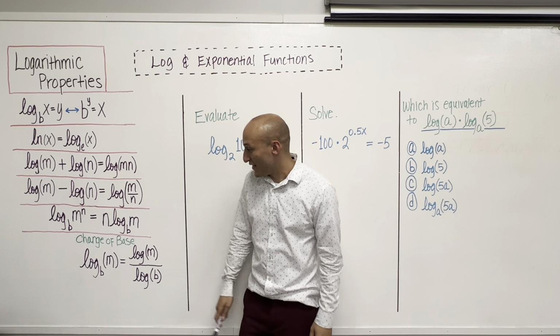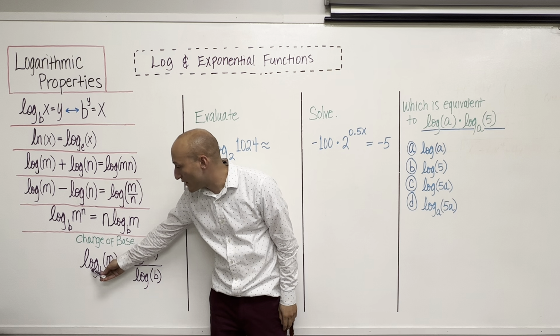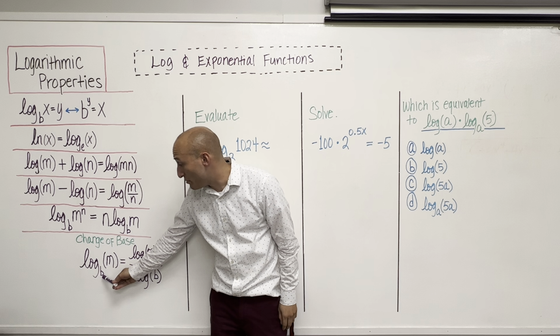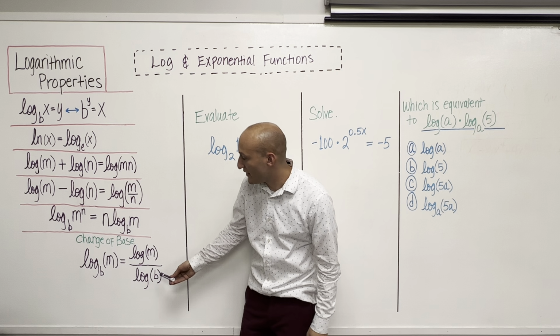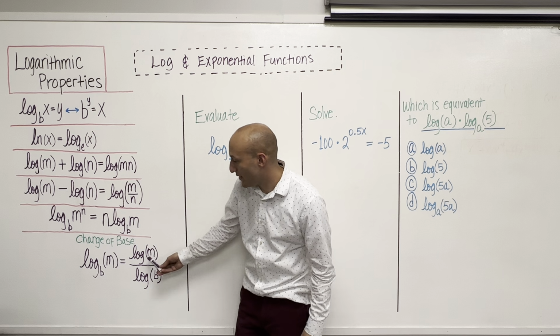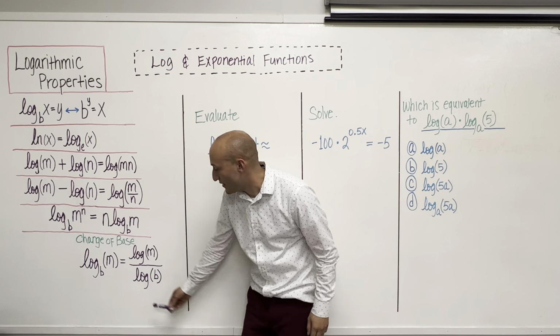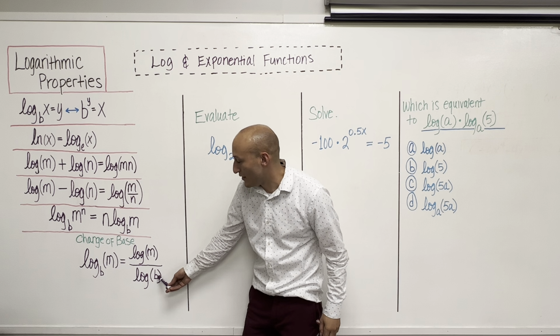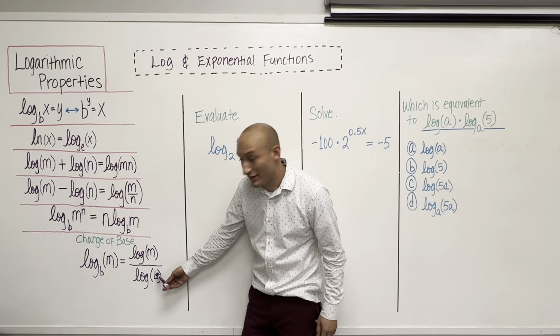Okay, a change of base property states that if I have a log with some base b, okay, then I can rewrite it as log base 10. And then I'll write the m, so whatever, all right, and then the base, I take the log of the base, okay? So the base is no longer the base.